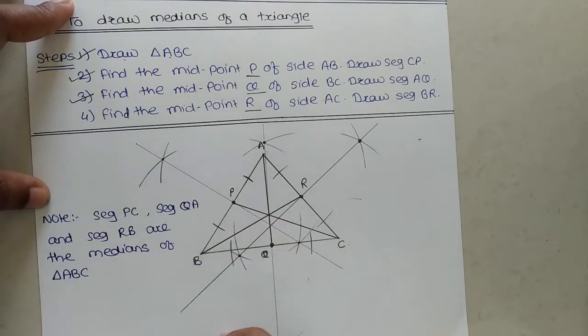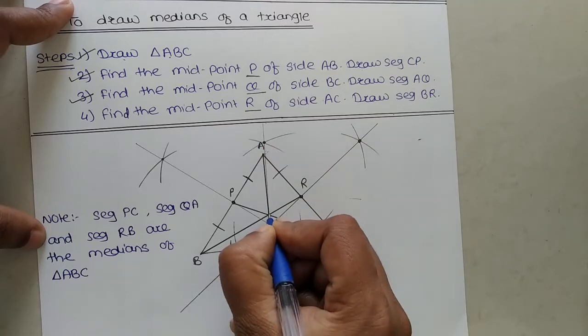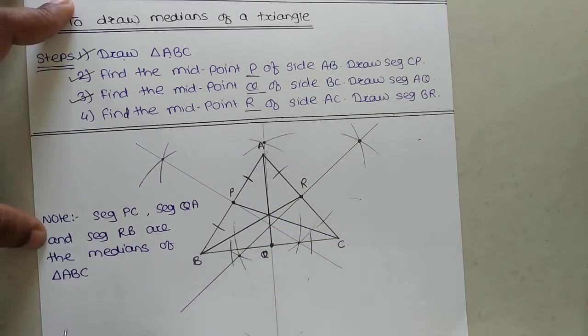These are the 3 medians of this triangle. Now listen here, these 3 medians join one single point here. Okay, so what we have to write?